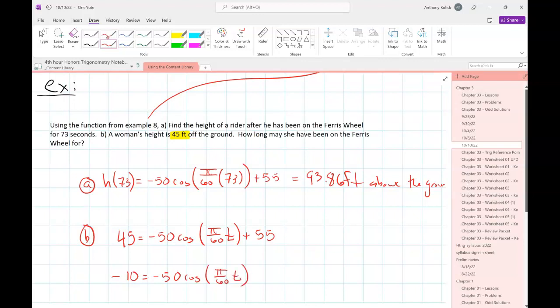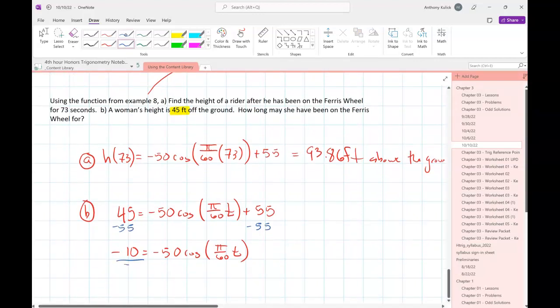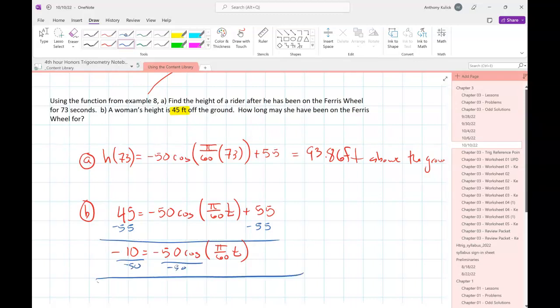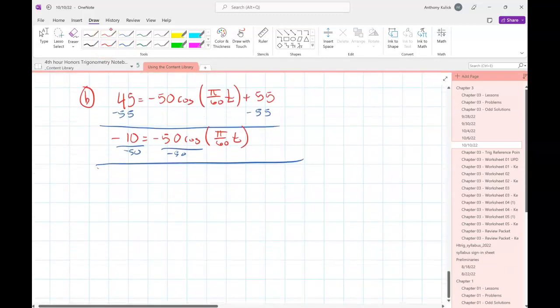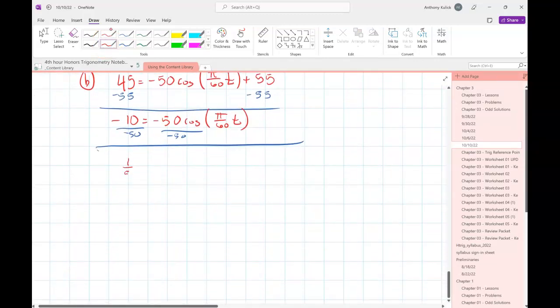Now what? Great, divide by negative 50. Okay, now what?